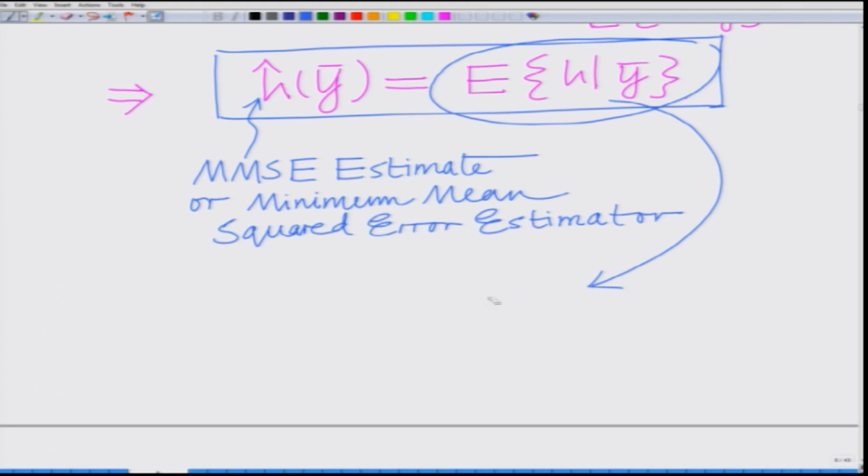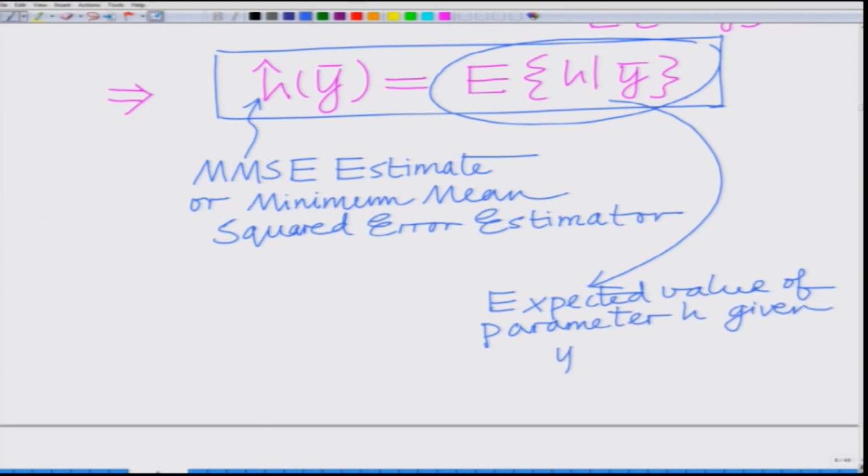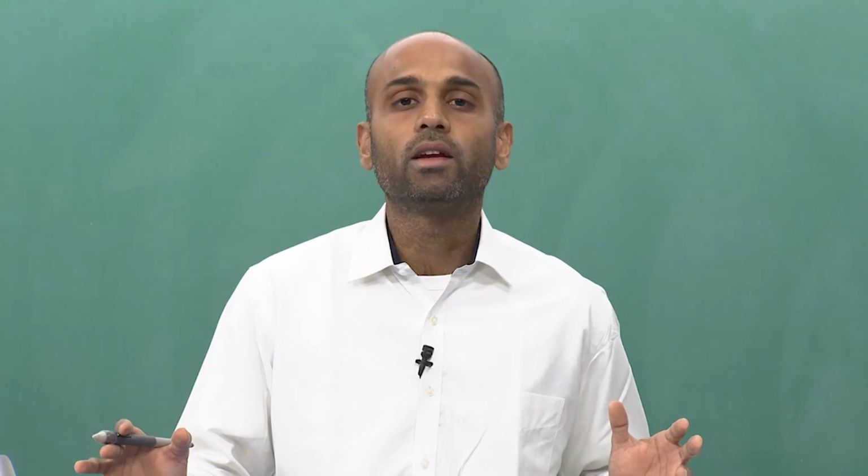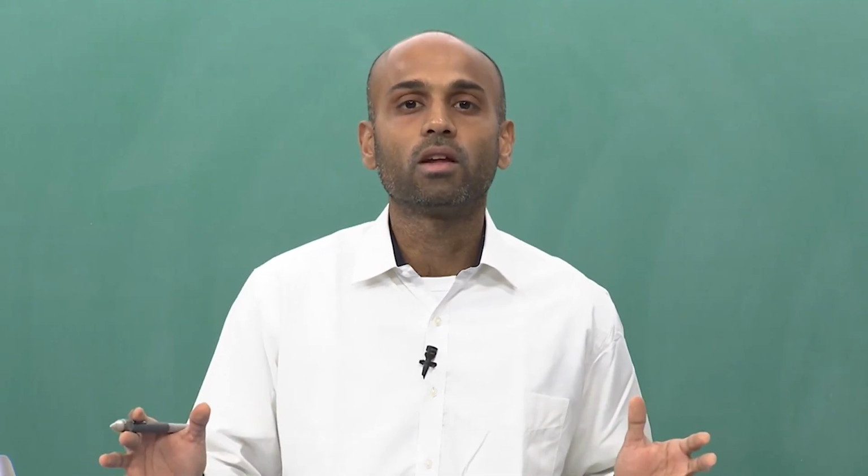What is this? This is your expected value of the parameter h given y bar, and therefore, this simple and elegant result basically gives us the minimum mean squared error estimator.